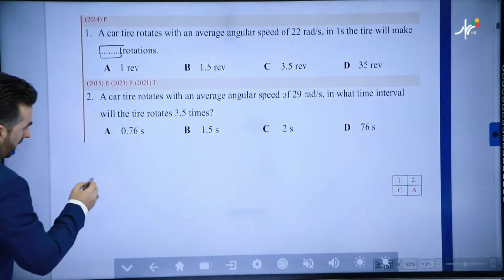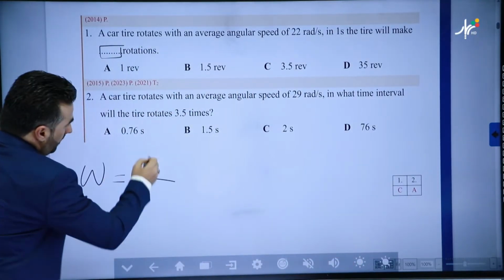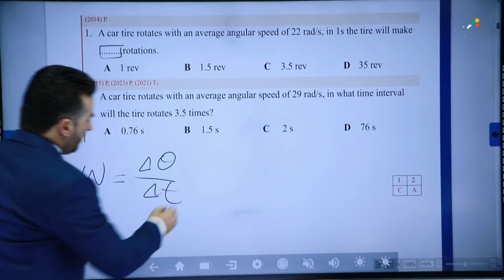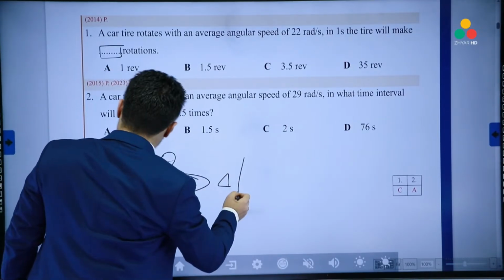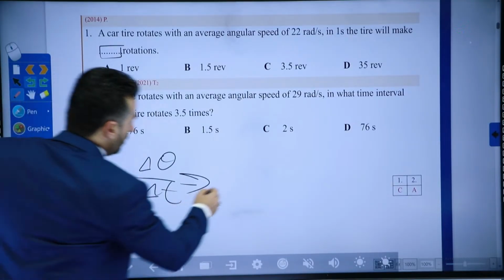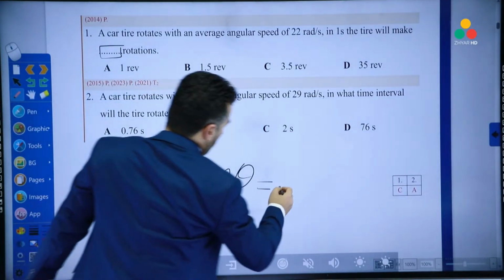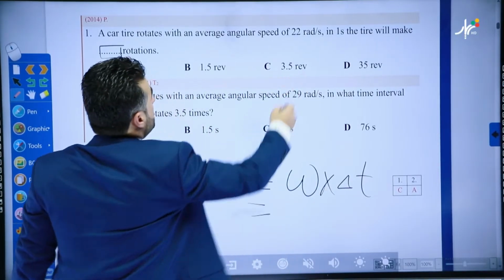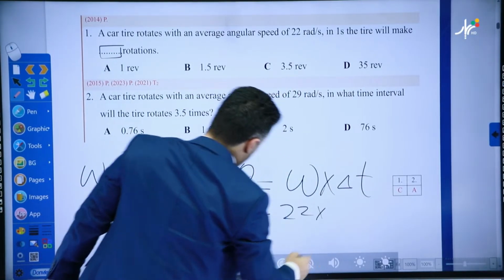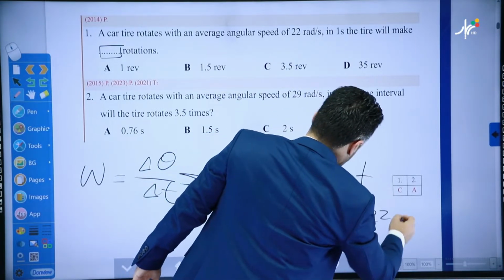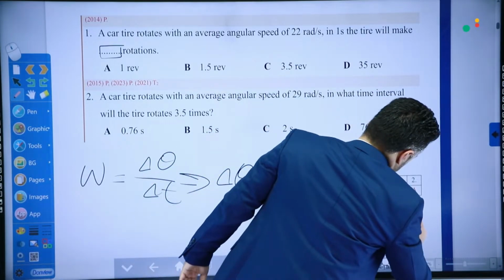Angular speed equals angular displacement divided by delta t, so angular displacement equals angular speed multiplied by delta t. That is 22 multiplied by 1, equal to 22 radians.